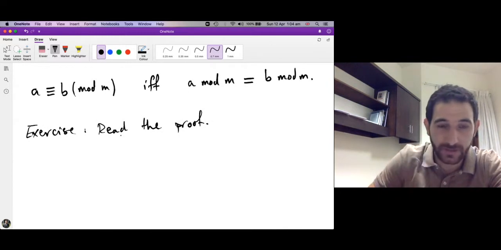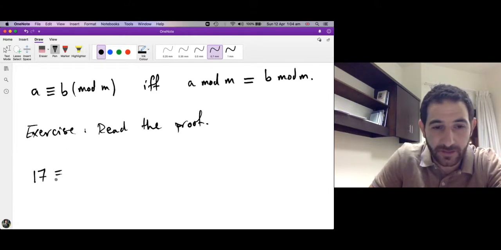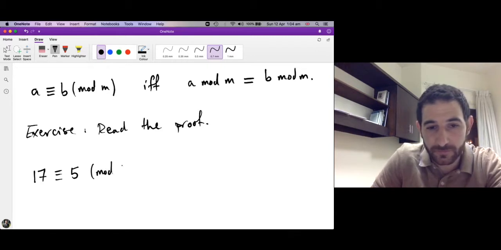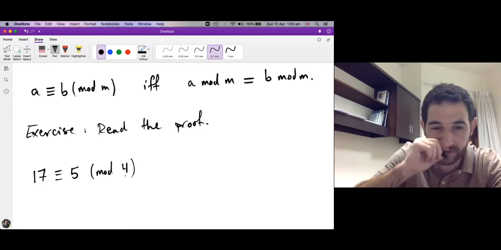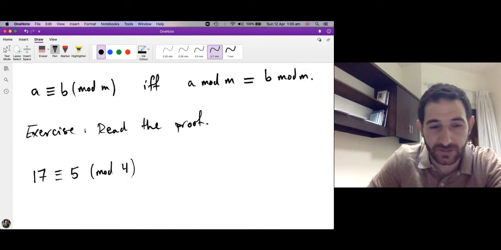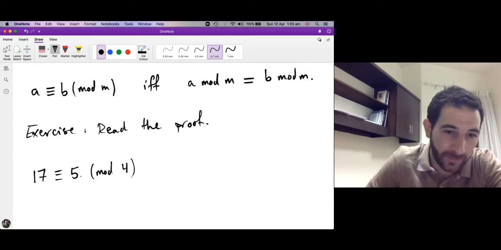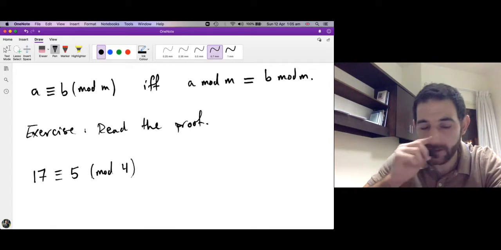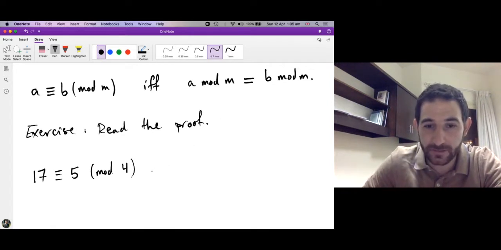For example, let's take a statement of this form which is true. Say, for example, 17 is congruent to 5 modulo 4. Right? Because 4 divides the difference. What is the difference? 17 minus 5 is 12 and 4 divides 12. Let's see the remainders.